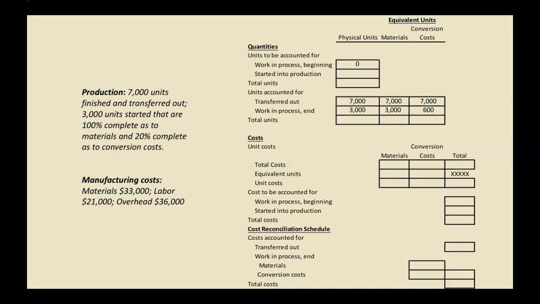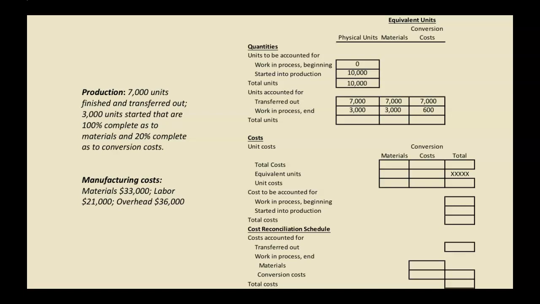So when we started the month, we didn't have anything in our beginning work in process. Which means that how many units did we start into production? That would have been all 10,000. All 7,000 that we finished and transferred out, plus the 3,000 that we've started, but just haven't completed yet. All 10,000 of those units had to have been started this month.